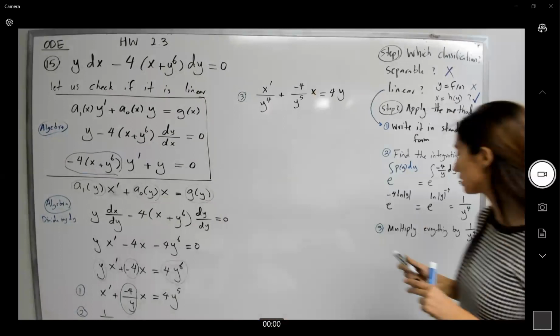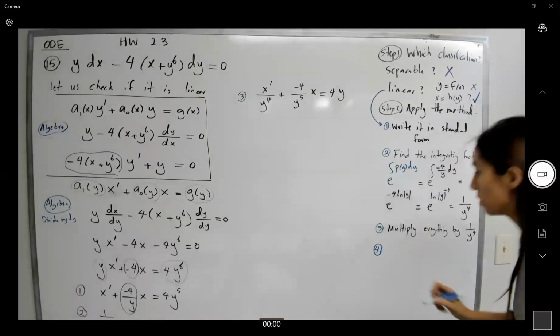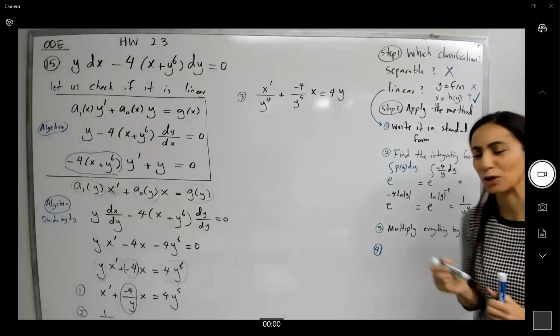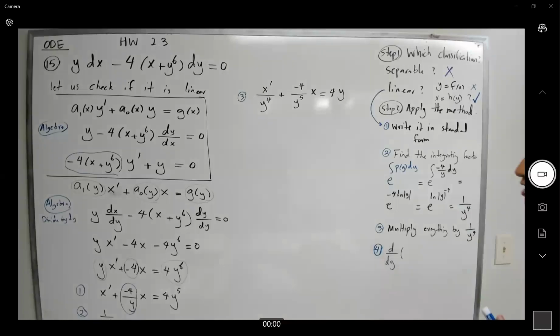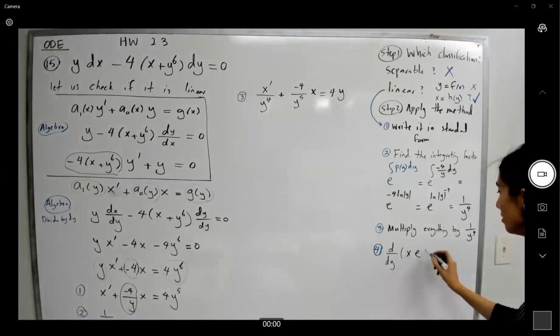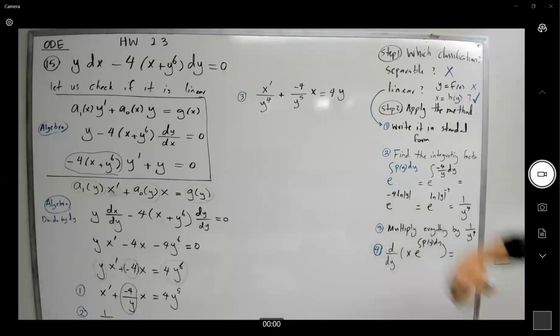So now in step 4, you're going to see the expanded form of the product rule. What are you going to see? You're going to see the dy of x times the integrating factor. And on the right-hand side, you have the product here. You just get a new function. Let's just write it as q sub 2 of y.